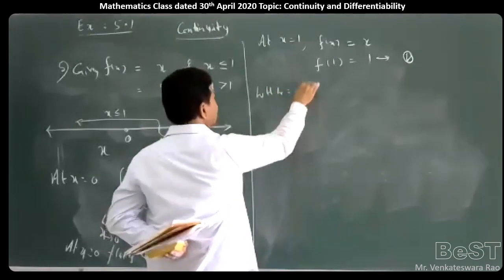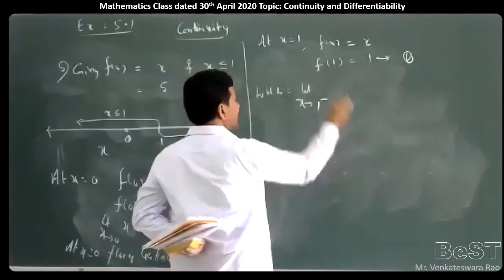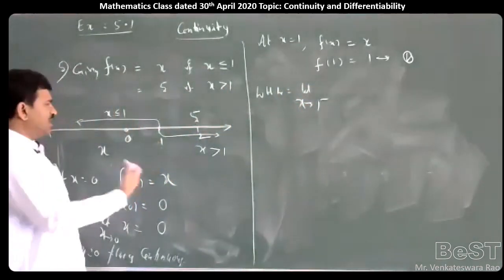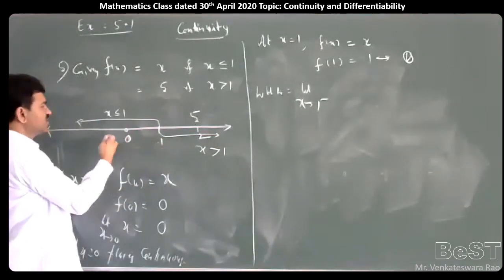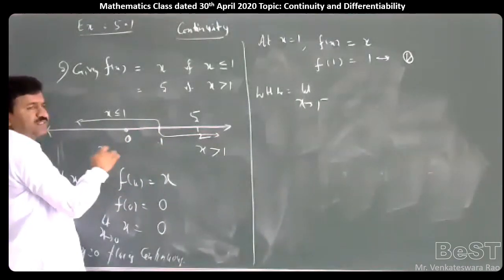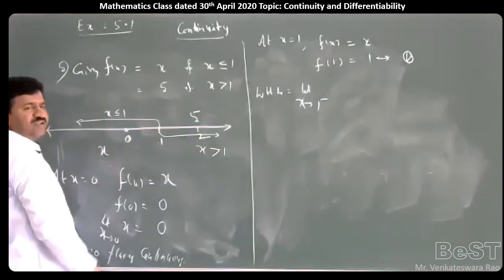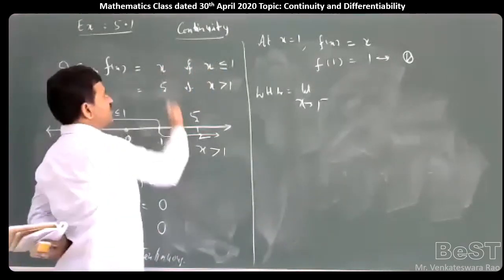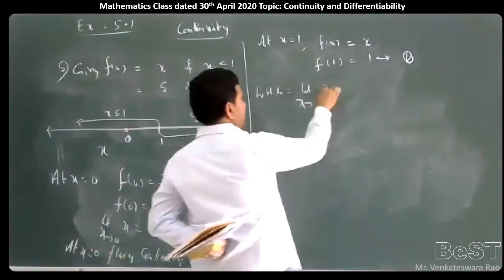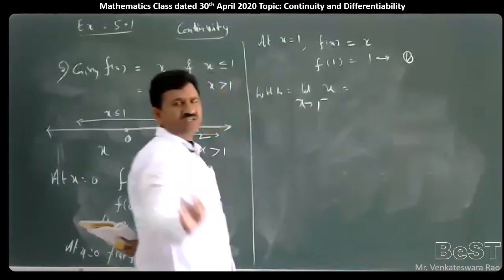Left limit, limit as x tends to 1 minus. 1 minus means left of 1. What function do we take? X. In the left neighborhood of 1, for all these values, x less than 1, the function is x. X tends to 1 minus does not mean minus 1.